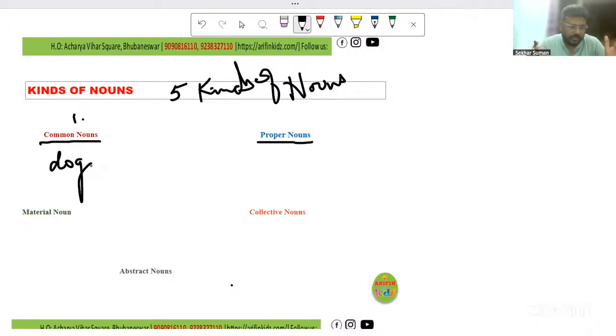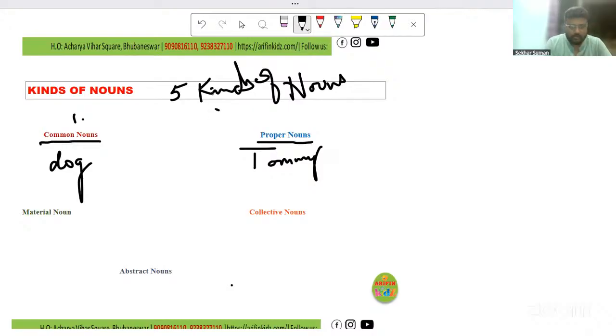I am not specifying any particular dog of this locality or any sort of breed. But if I say Tommy, no other dog, but I am focusing on Tommy, right?